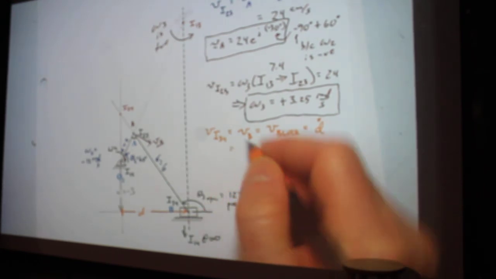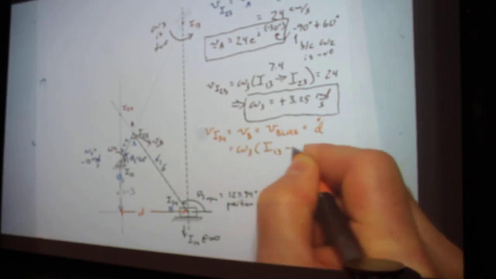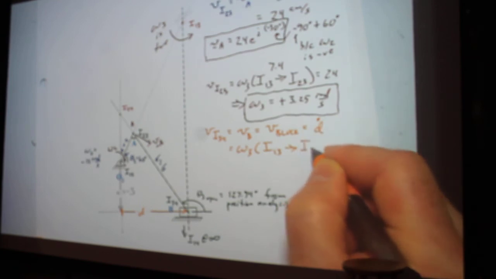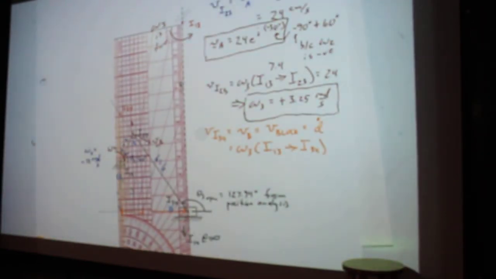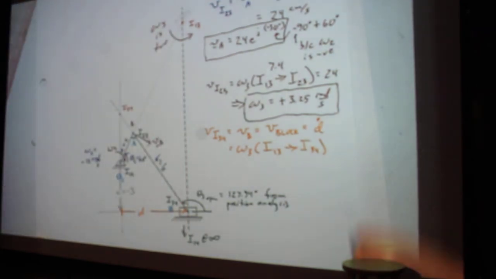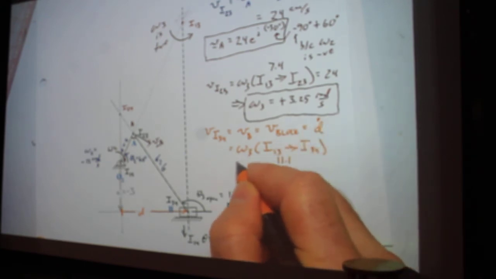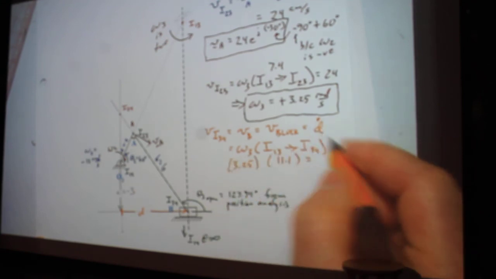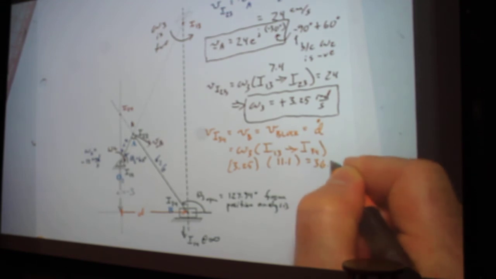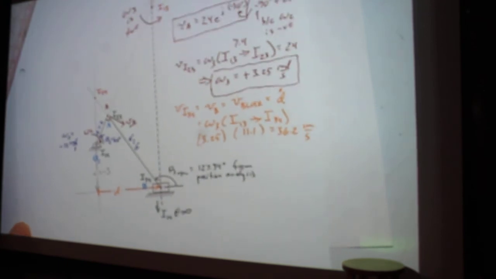So this equals omega-3 times the distance from I-13 to I-34. When I physically measure this distance, 1,3 to 3,4, I get 11.1. I know that my omega-3 is 3.25. So this equals 36.2 centimeters per second. Let me zoom up on that.